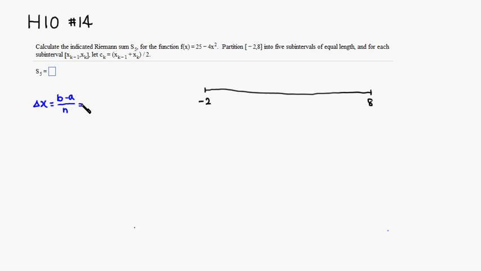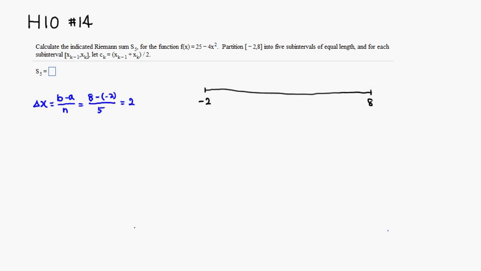Here b is 8, a is -2, and n is the number of intervals, in this case S5, so it's 5. That's 10 divided by 5, so delta x is 2.